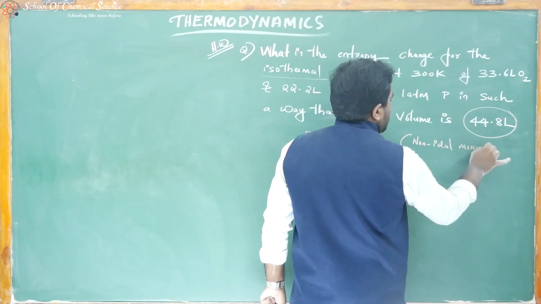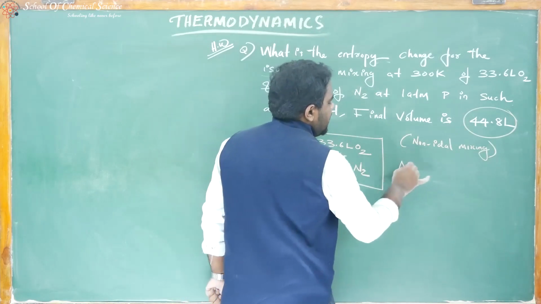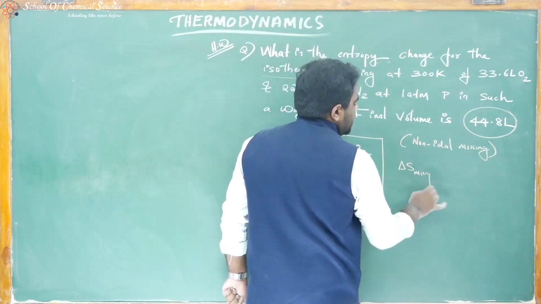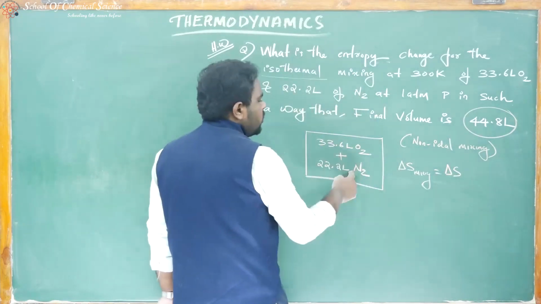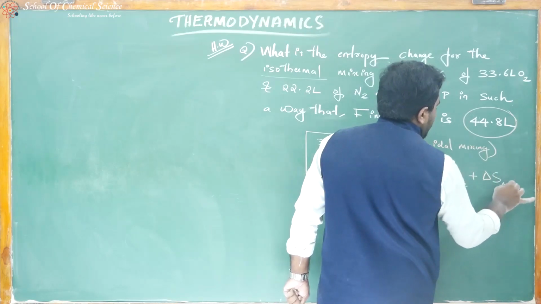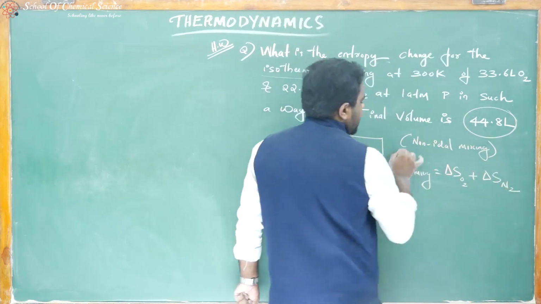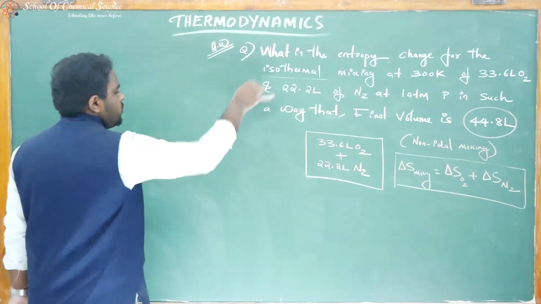In the case of non-ideal mixing, total entropy of mixing is equal to delta S of O2 plus delta S for N2. This is the equation. Then how we can find the entropy change for O2?